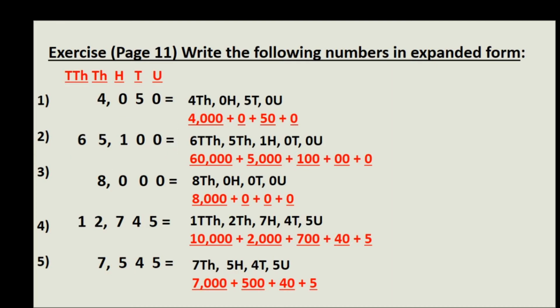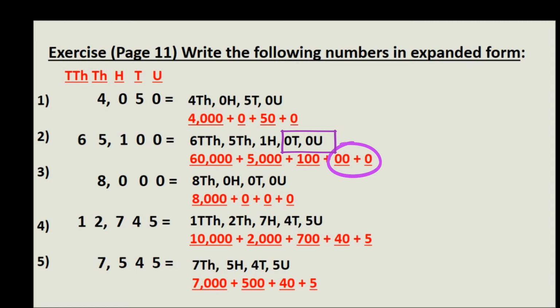Since 6 is in 10,000's place, the place value will be 60,000 plus 5,000 plus 100 plus 0, because 0 is in tens place, the place value becomes 0, plus again another 0 in units place, so the value of 0 is 0 itself.